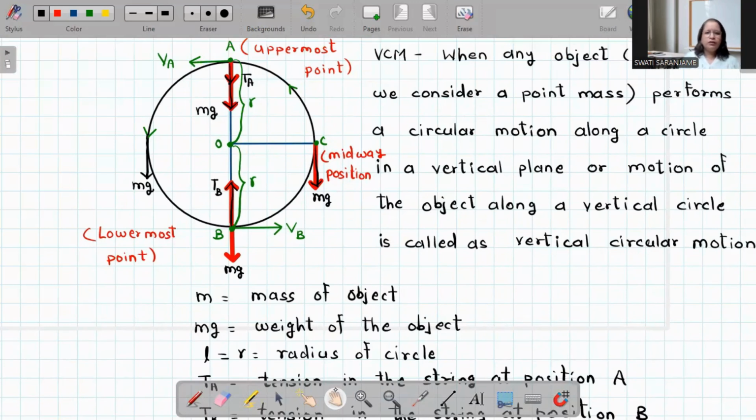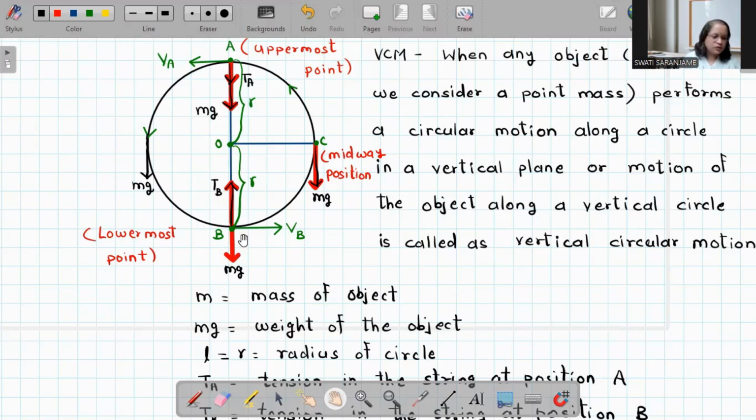Now, if B is the lowermost position, VB is the speed acquired by that object when it comes to position B. Here at this position, as we already know, the weight of the object is acting vertically downward, but tension is always along the string. That is, it is acting along the radius and towards the center of that vertical circle. So TB, the tension, and weight are in opposite directions.